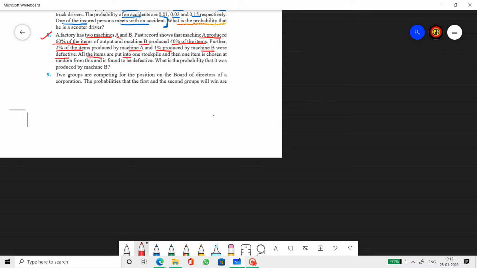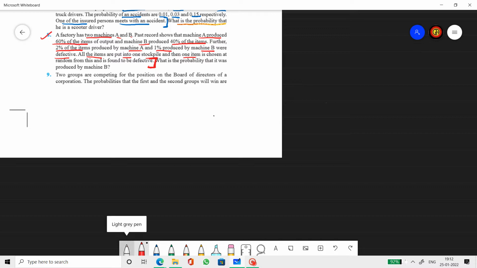All the items are put into one stockpile and then one of them is chosen at random from this. What is the probability it is defective? So probability of being defective. It could be from machine 1 or it could be from machine 2.